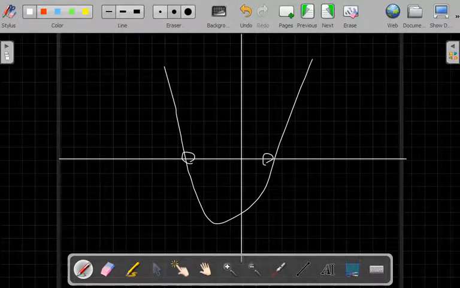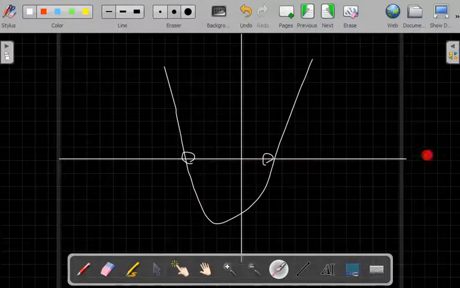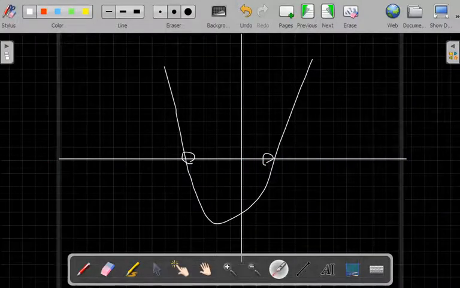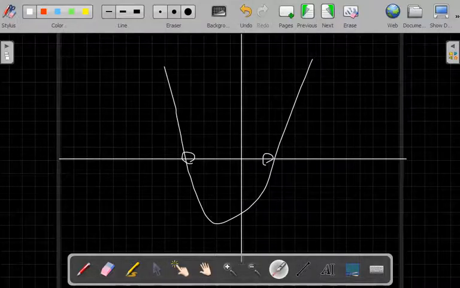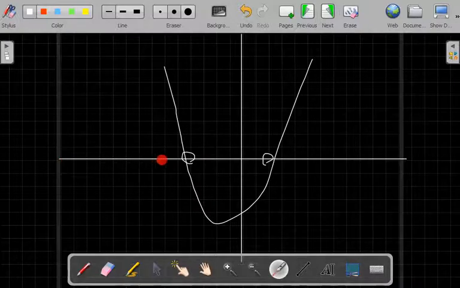So what we now want to do is figure out where along this x-axis right here is our original equation true. So we will need to test a point that is going to be less than negative 4 to find out if any of these values make the statement true.